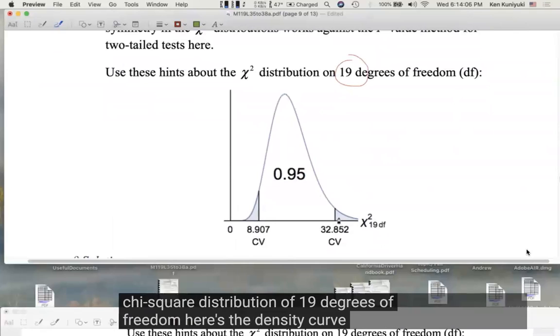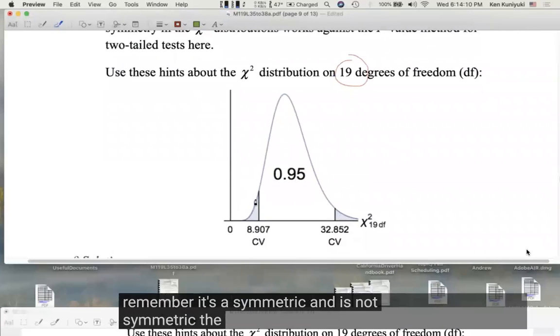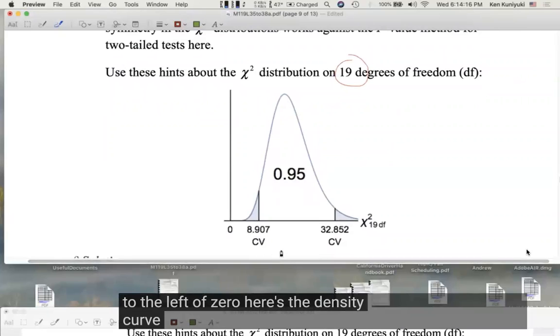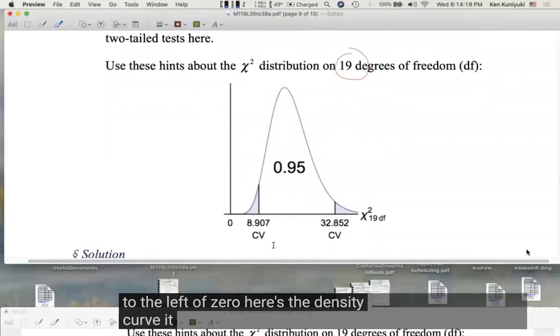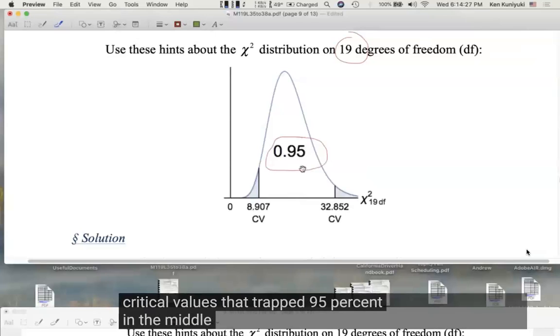Chi-square distribution on 19 degrees of freedom. Here's the density curve. Remember, it's asymmetric. It is not symmetric. The possible values do not go to the left of 0. It turns out these will be the critical values that trap 95% in the middle for a chi-square distribution on 19 degrees of freedom.